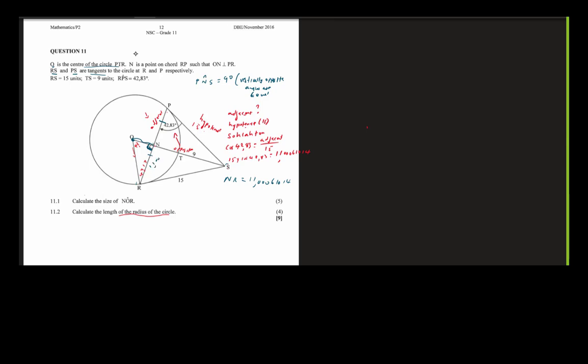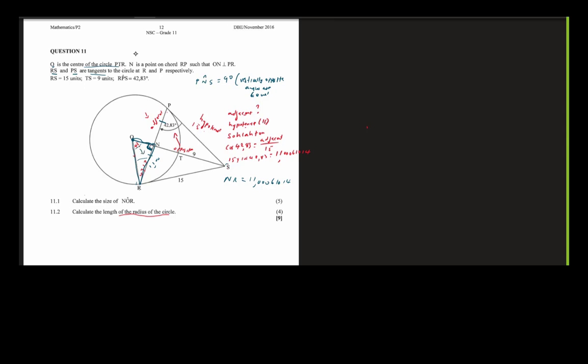Now I know NR. Now it's easy to find OR, still using trig ratios. Firstly, I have to ask myself which angle I want to use. I have 42,83. I also have 47,17 in this triangle. Let me use angle 42,83 as the reference.